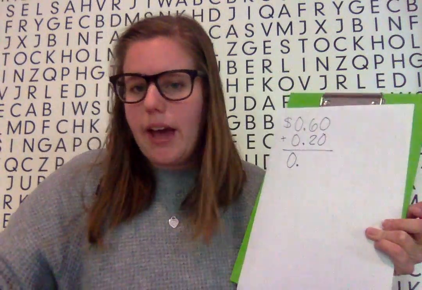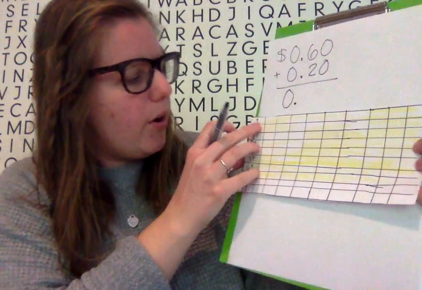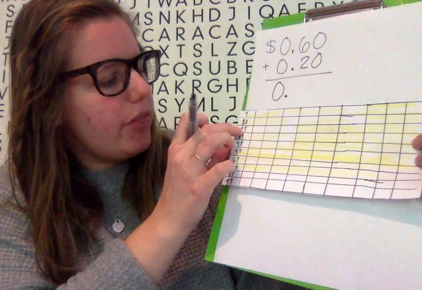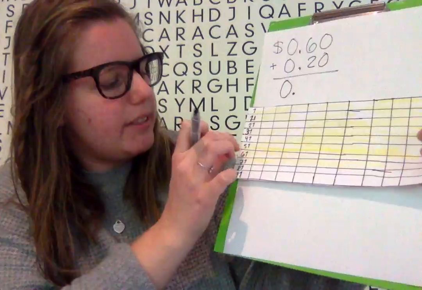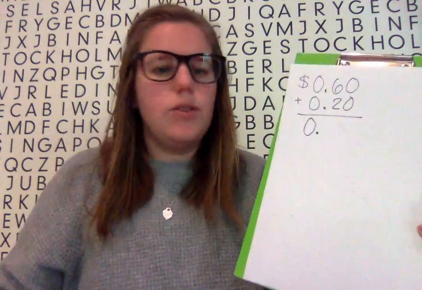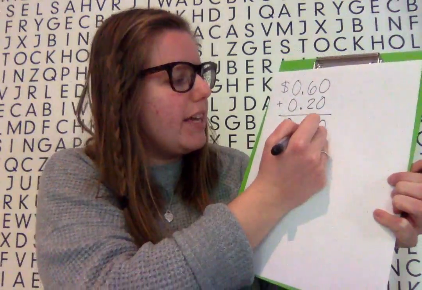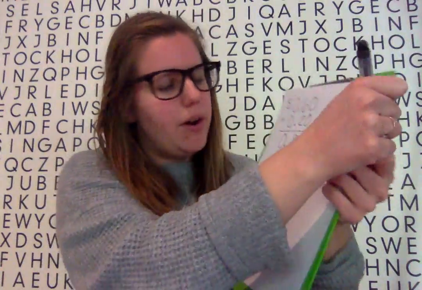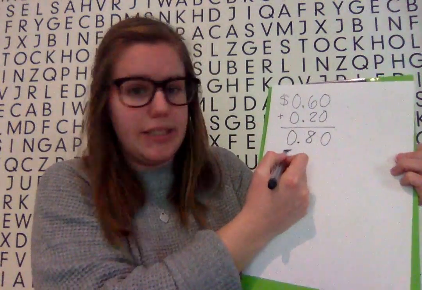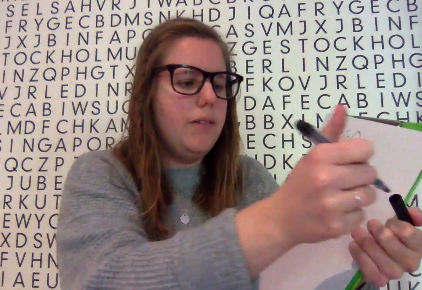So now we can count our squares. We can go 10, 20, 30, 40, 50, 60, 70, 80. So we know 0 and 0 is 0, and 6 and 2 is 80. So remember, if we have our whole dollar colored in, all 100 squares, we're going to put a number in this spot other than 0, in our dollar spot.